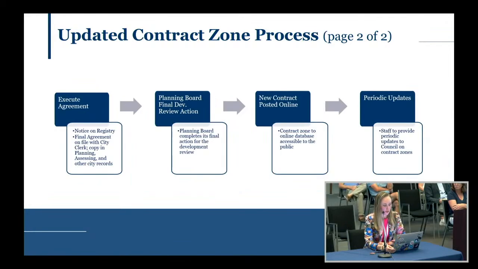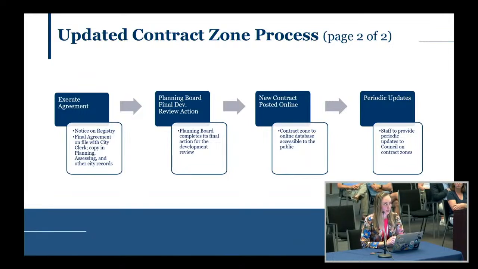As you move forward, assuming the final action from council is approved or successful, the next step would be to execute the agreement. I will tell you right now, we do not have every contract zone agreement as a signed version. We aren't missing a lot, but we have a couple we're still trying to track down.